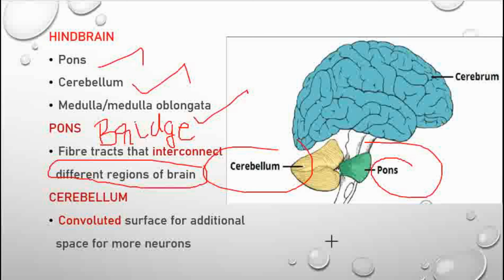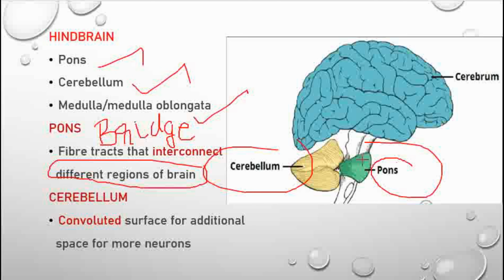You can see the rounded prominence, the elevation or projection, here. We can easily identify the pons because of this prominence, the elevation or projection. We call it a prominence in anatomy. So this is about the pons.